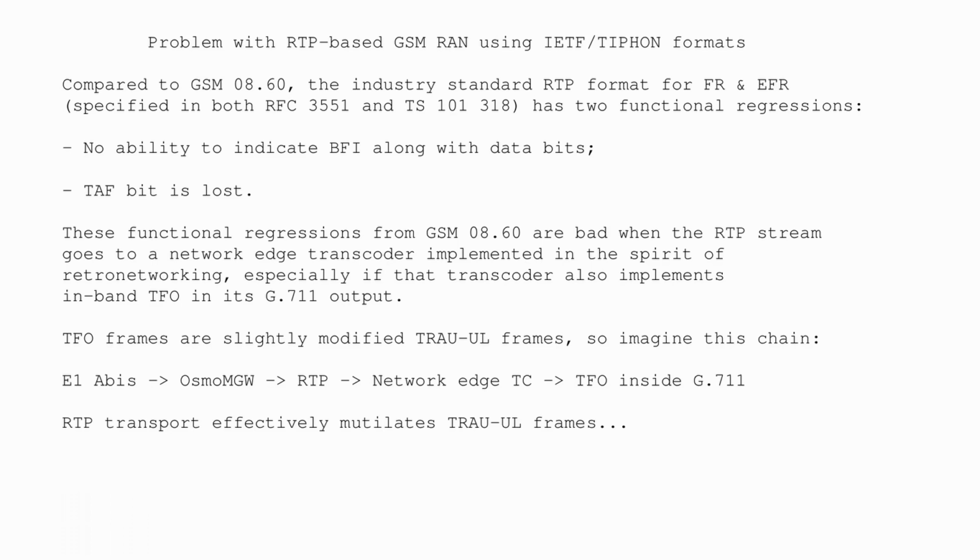So it's a frame straight from the GSM 08.60 spec for the uplink direction, just a few bits modified here and there, but all the semantics are still the same, and all the really important out-of-band flags are there. And so, the truth is, when I say there is no ability to indicate BFI along with the data bits, you may wonder, why do you care about data bits?